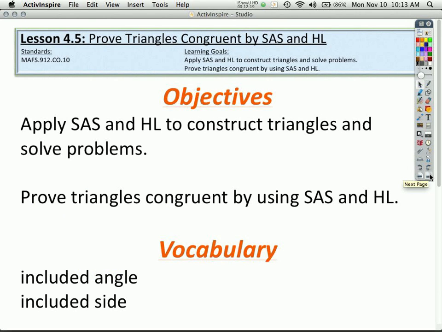So those are our objectives today, to learn how to apply these to constructing triangles and solving problems, and to prove triangles congruent by using side angle side and hypotenuse leg. You'll start seeing the phrases included angle and included side over the next couple of days.